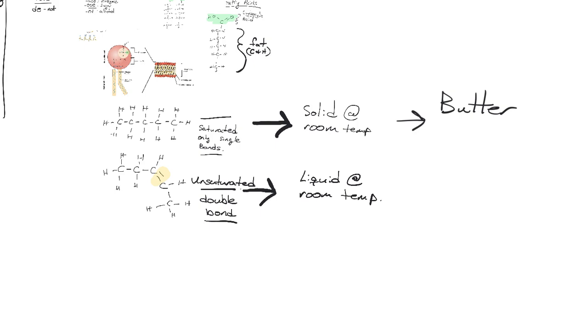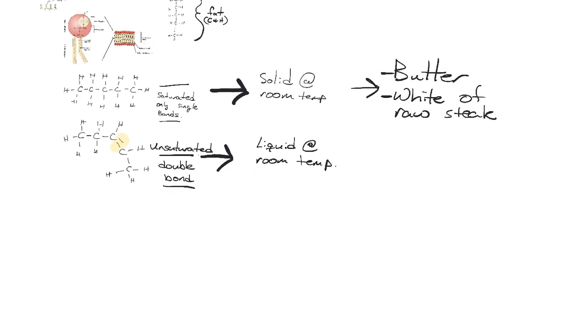I gave you an example like the white part of a raw steak. Didn't I say that? If you have a raw steak, before you cook it, you see the white streaks in it. I showed you a picture of it because some of you didn't recognize what I was talking about.